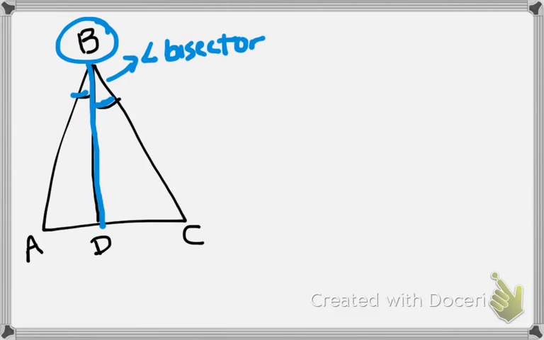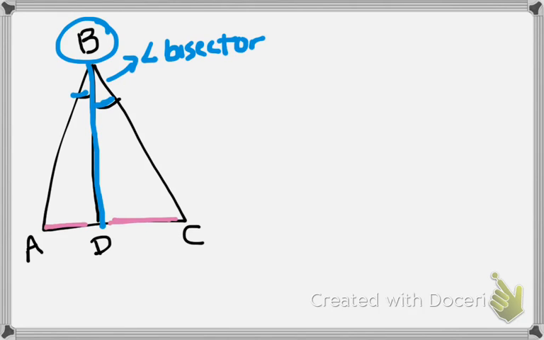Not only did it split that angle into two congruent parts, it made two segments on the opposite side of the triangle. Those two segments are not congruent to each other, but what this theorem is saying is that this particular angle bisector has created a set of proportional parts.